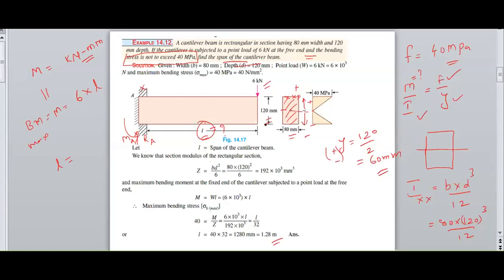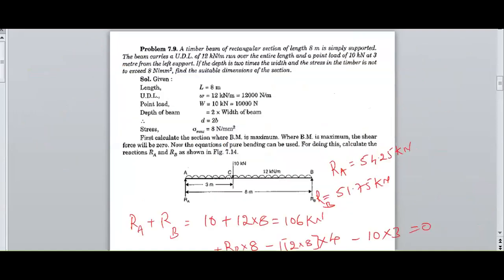So this is the second problem. Next, the third problem is a very interesting problem. A timber beam. A beam made up of wood, whose length is 8 meters and simply supported.